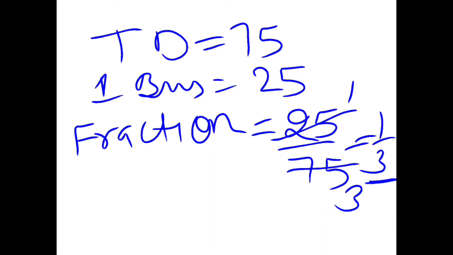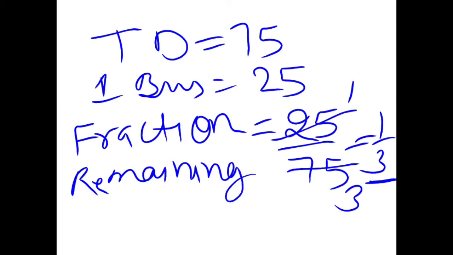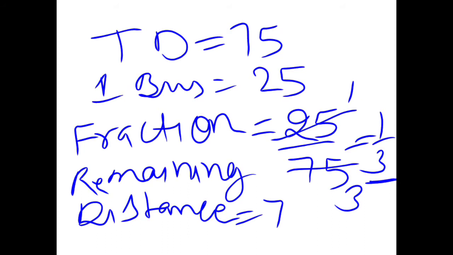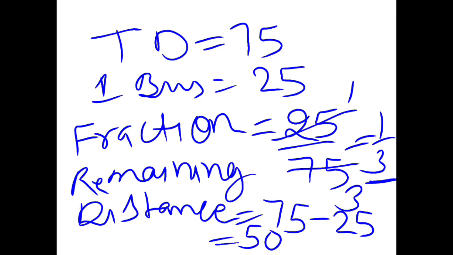Before finding the fraction, we have to find the remaining distance. Total is 75, covered by one bus is 25. What amount is left? 50. So 50 is left. Now we have to change this 50 into fractional form.